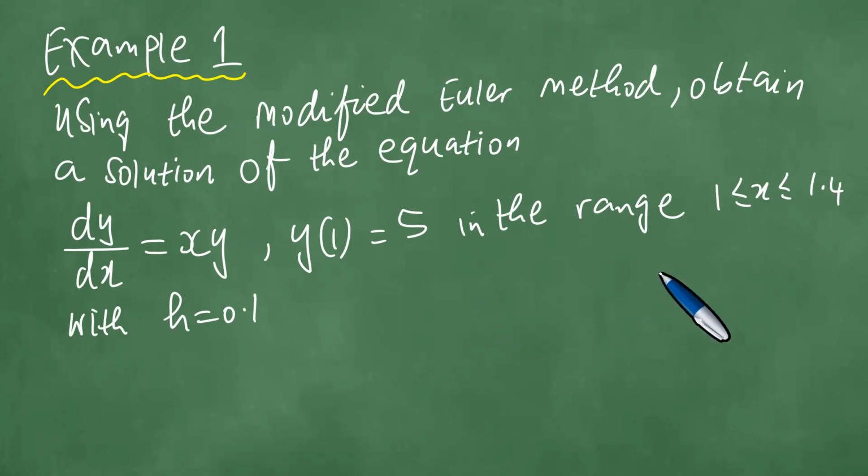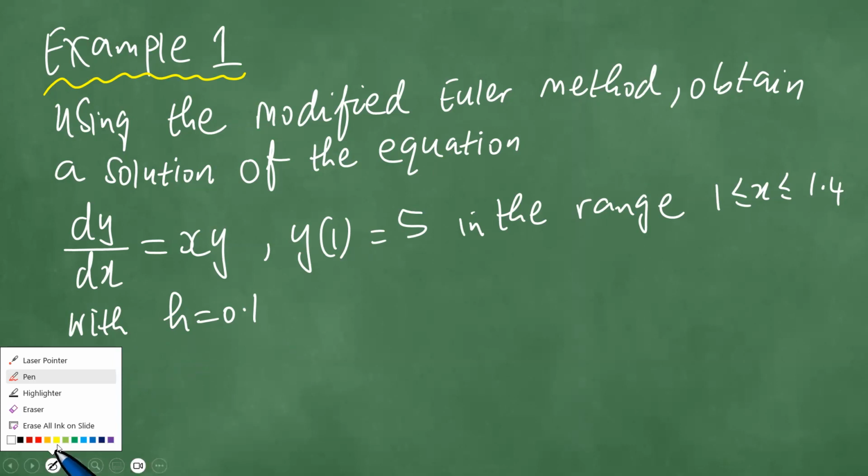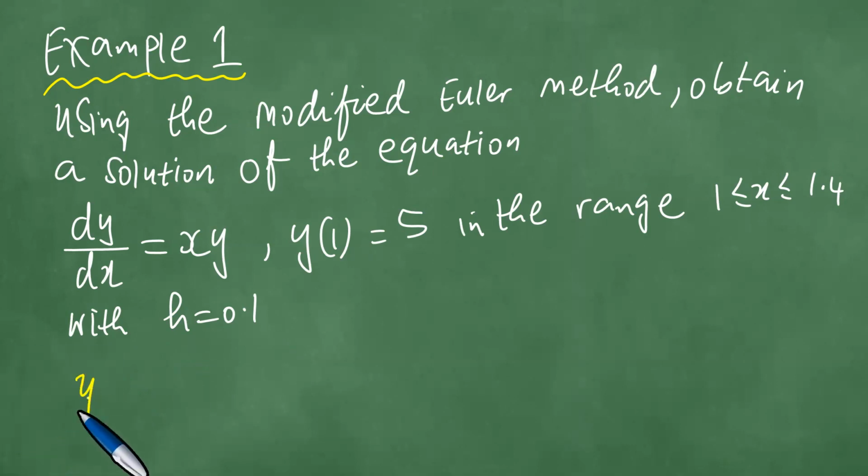If they ask the question like this, what the examiner wants is y at 1.4, because they've given y at 1. Effectively, the examiner is saying, given everything here, find the approximate value.